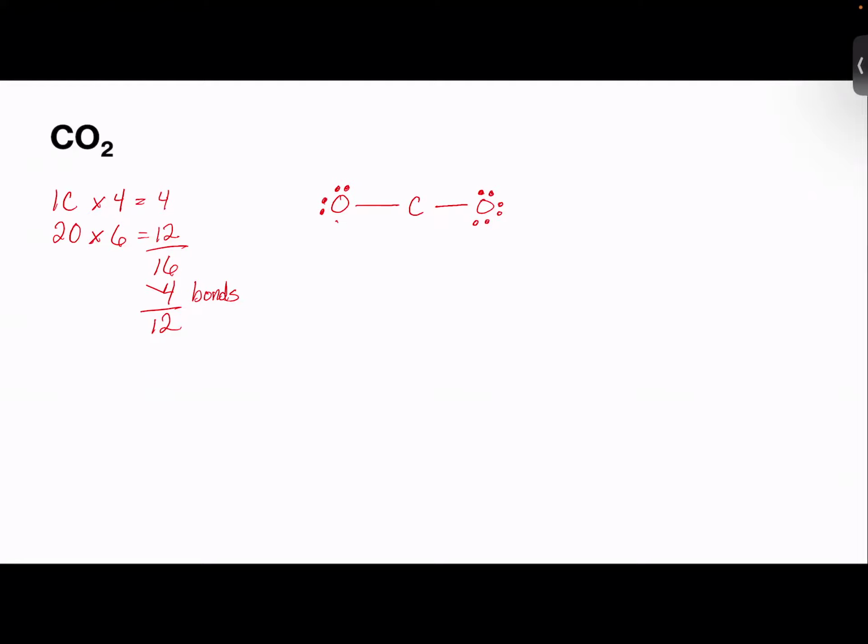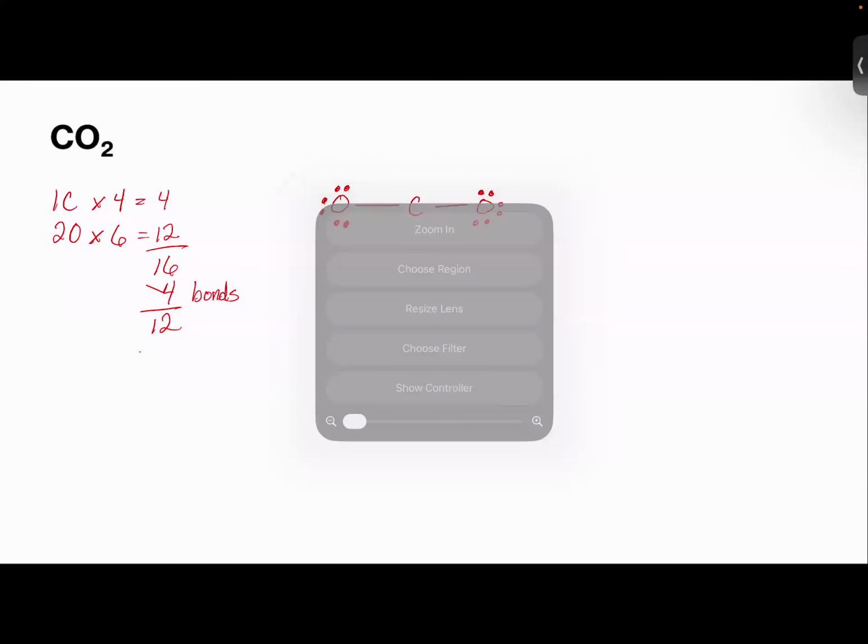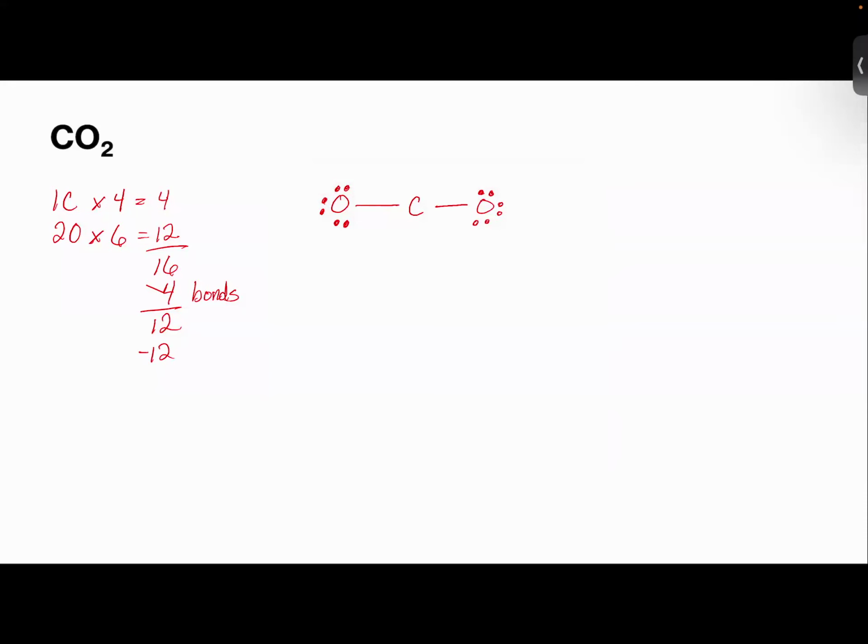Each oxygen has 2 electrons within the bond, therefore you have to give it 6 additional electrons in order to make oxygen have an octet. In order to give these 2 oxygens an octet, we used all 12 valence electrons on our outer atoms, and we have hit 0.